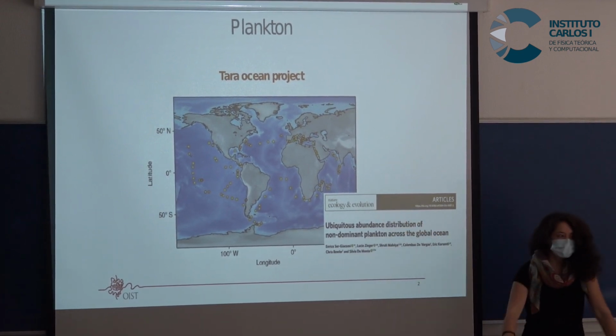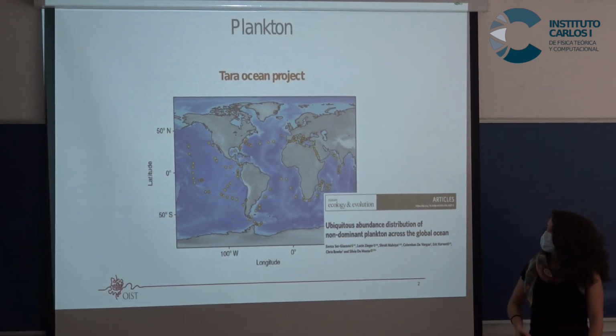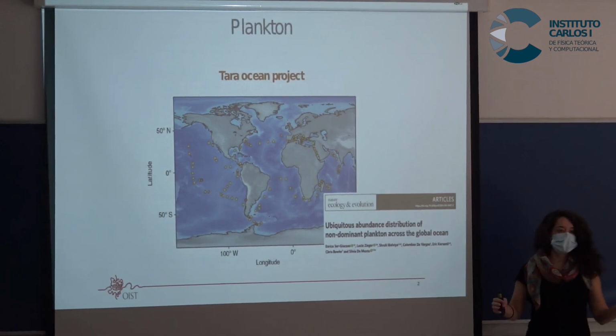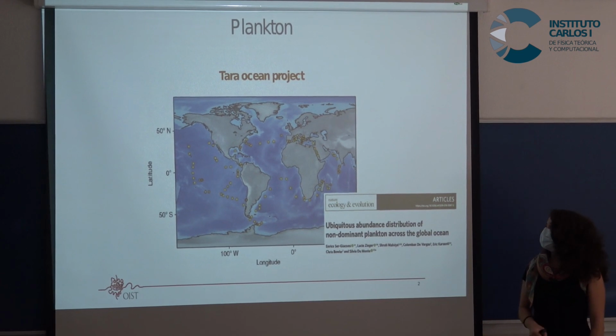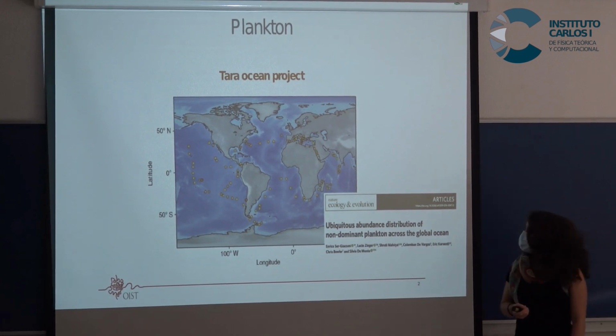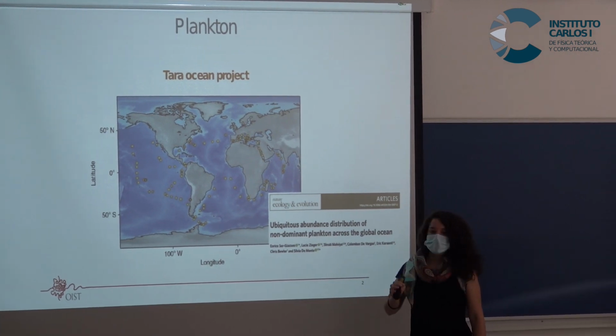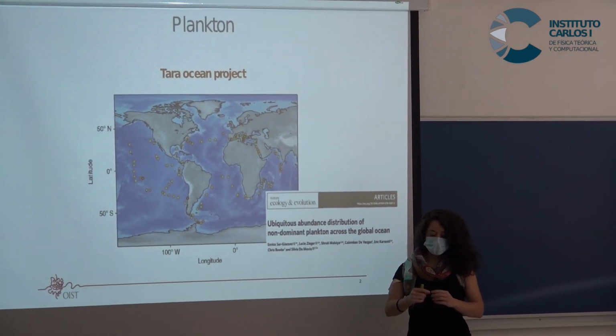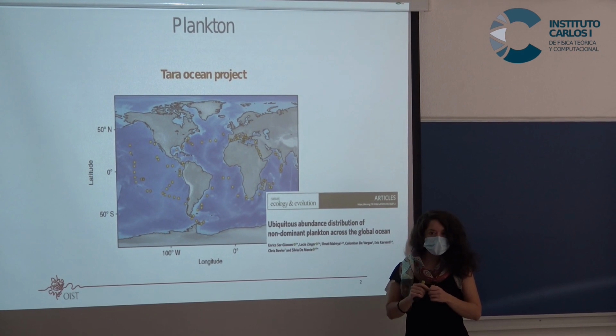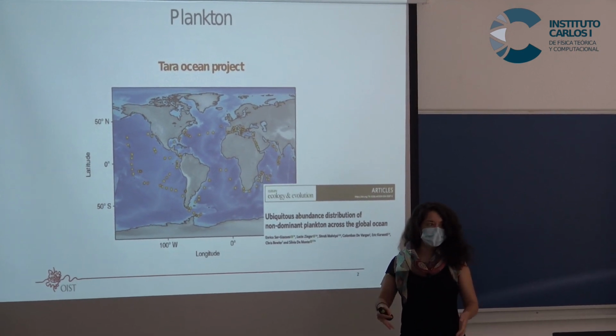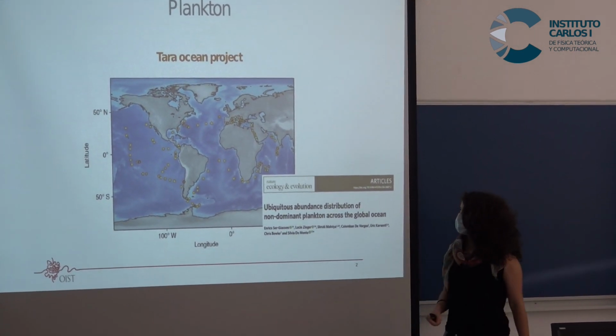They take samples of water and they analyze everything there: temperature, depth, salinity, everything. They publish everything online, and especially all the sequence data of all the microorganisms that are present in the sample. Everything is published there.